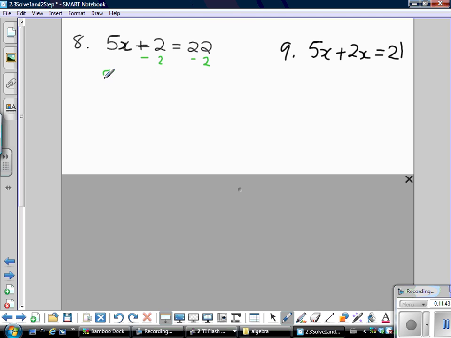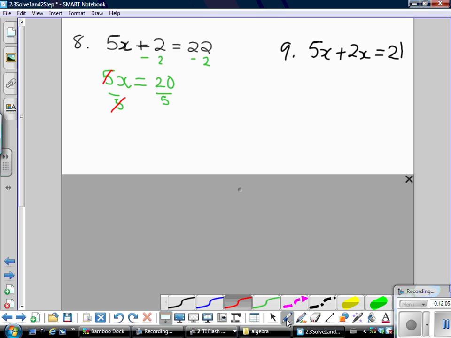So I end up with 5x equals 20. So now I need to divide both sides by 5 to get rid of the 5. The 5's cancel out to give us 1x. So we have 1x equals 4.